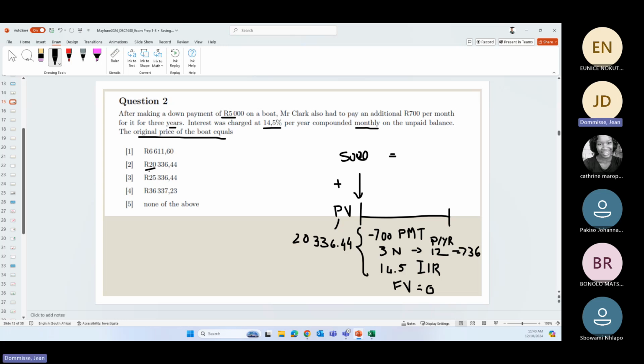But remember, we need to add the 5,000, which was the initial down payment. So then your final answer will be 25,336.44.